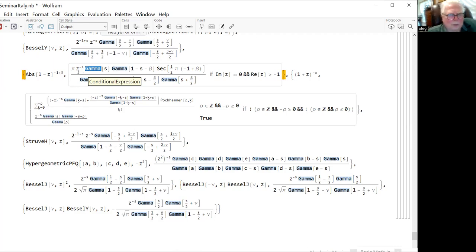Or we can make this transform with this plus s and this minus s. If we take this pair, it will be the Hankel transform only, with the Bessel function. This and this together, the other pair, gives again a Hankel transform.